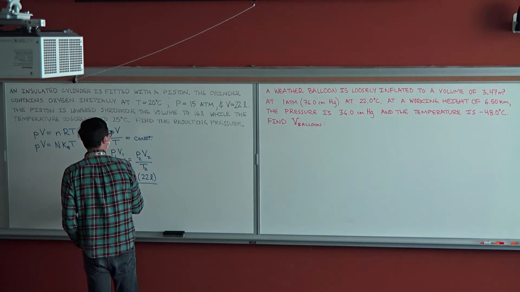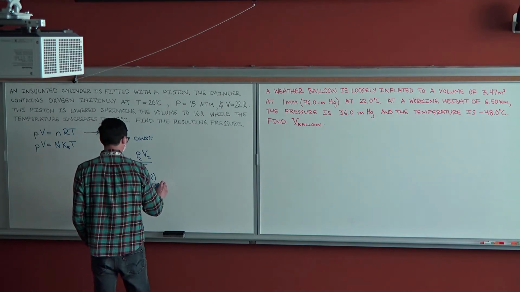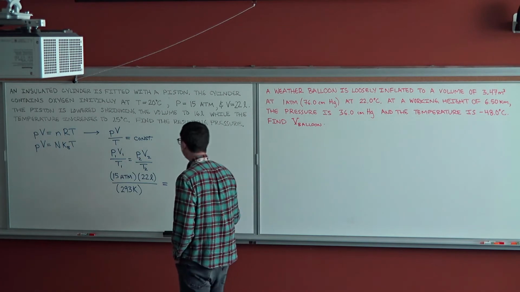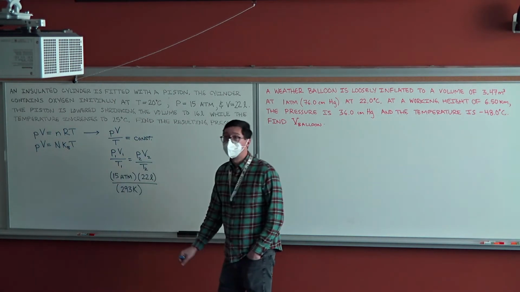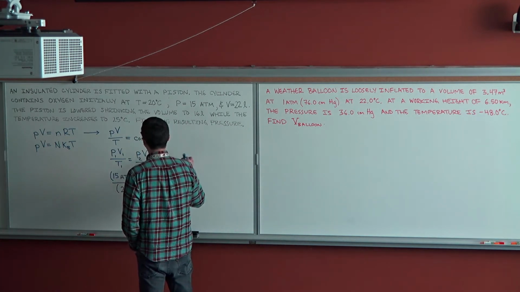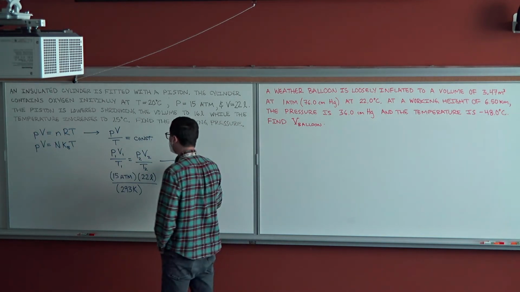In Kelvin, that would be 20 plus 273 is 293 Kelvin. And this should equal, well, I can simplify this a little. We're looking for the resulting pressure, so we want P2.